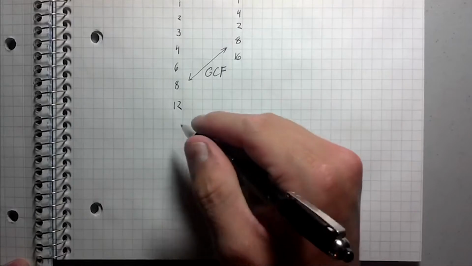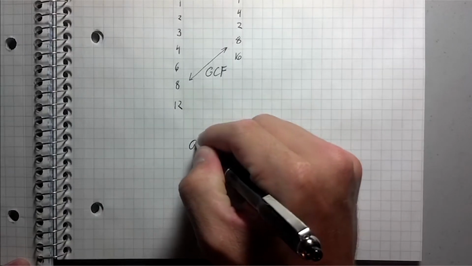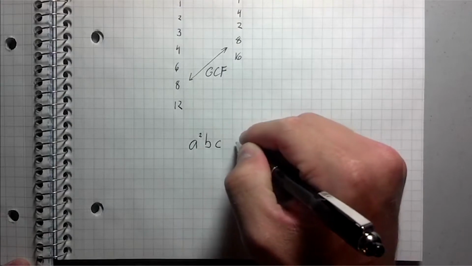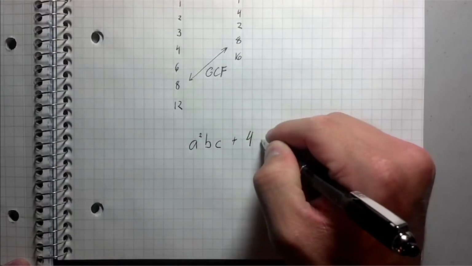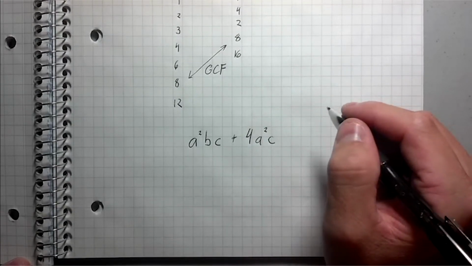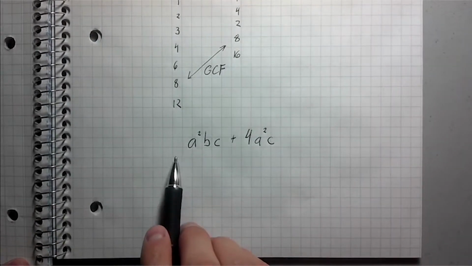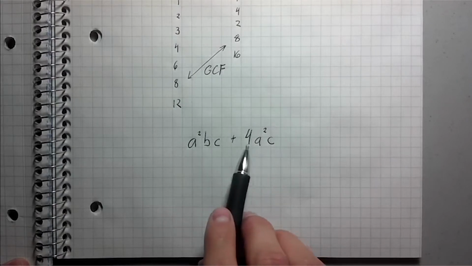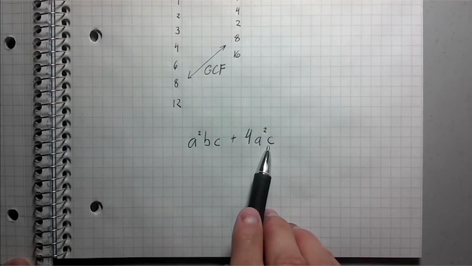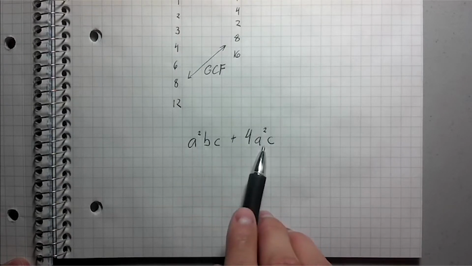So let's say that I had an expression like this, like a squared b c plus 4 a squared c. So sometimes you'll have a problem that says factor out the greatest common factor of an expression like this, and to do that you're going to use the same exact approach that you used with the numbers, except it's just going to be in terms of variables.